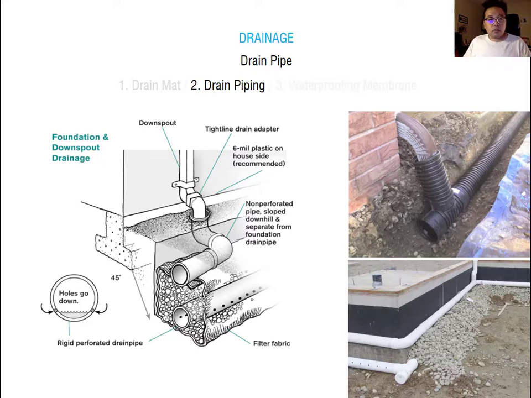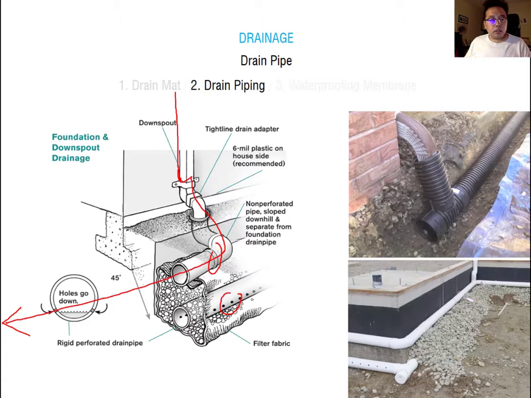You can see the two different types here, the perforated here and the non-perforated type here. The non-perforated type is usually connected from the downspout, simply getting the water off the roof. It can collect the water from the top, and then just get the water out from here. It doesn't require perforation.